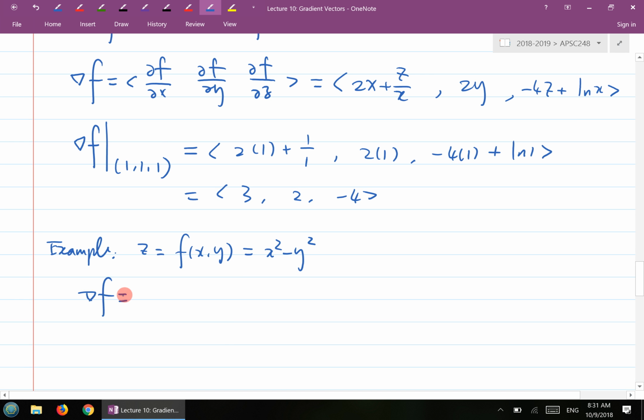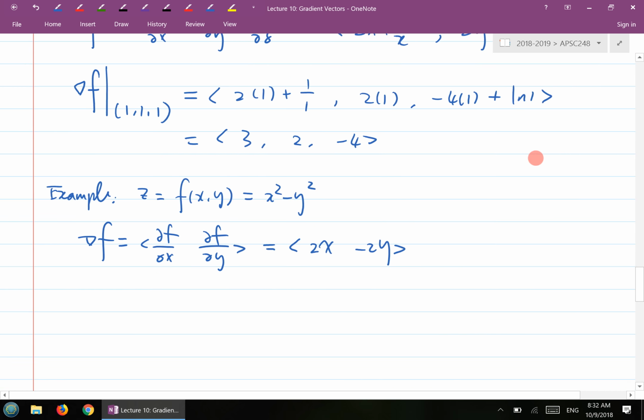So let's calculate del f, which is partial f over partial x and partial f over partial y. We get 2x, negative 2y. Similarly, if I want to calculate this gradient vector at 1, negative 1, then all we need to do is plug 1, negative 1 into this gradient vector.